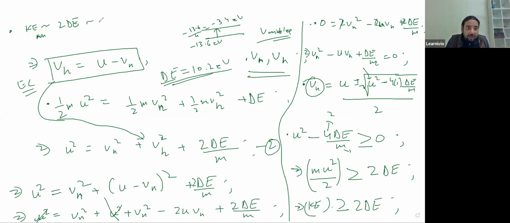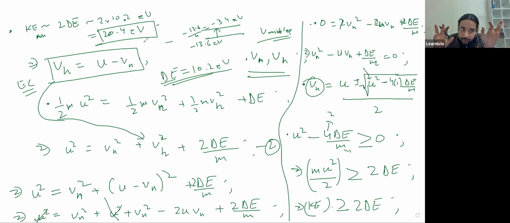You get 2 into 10.2 electron volts, which is equal to 20.4 electron volts. So 20.4 electron volt is the minimum amount of kinetic energy that the neutron should have in order for any head-on collision with a hydrogen atom in the ground state to be inelastic.